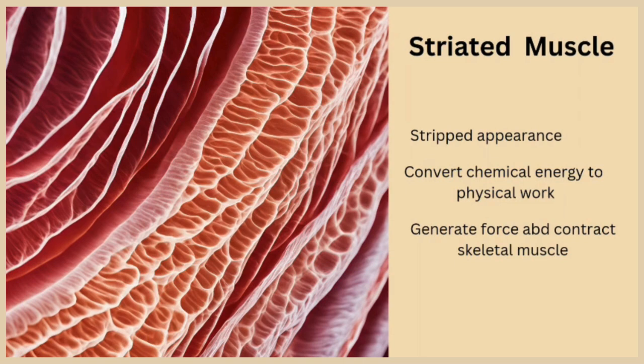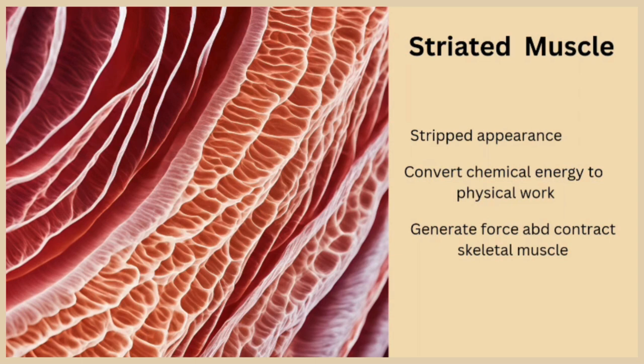Now let's talk of muscular tissue. Muscular tissue consists of elongated cells, also called muscle fibers. This tissue is responsible for movement in our body. They contain a special protein called contractile protein, which contracts and relaxes to cause movement.